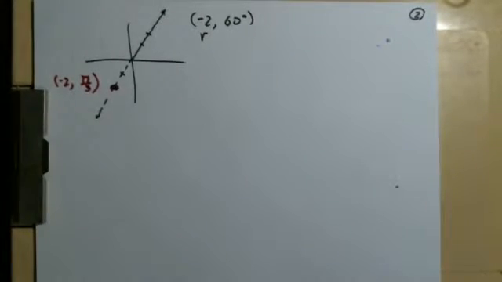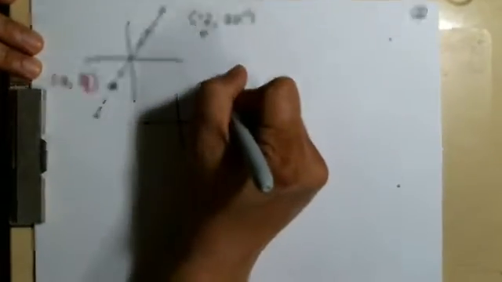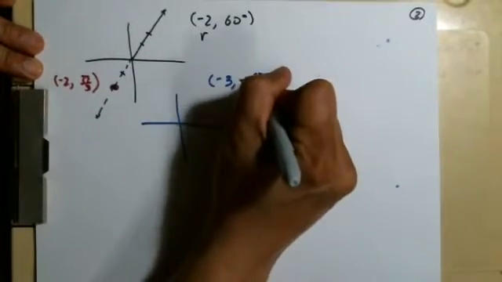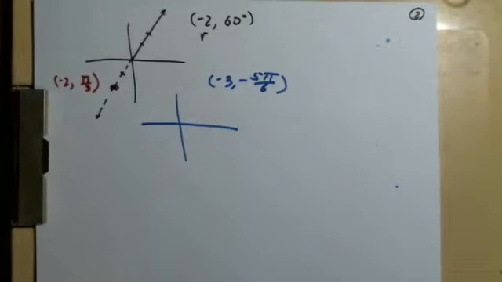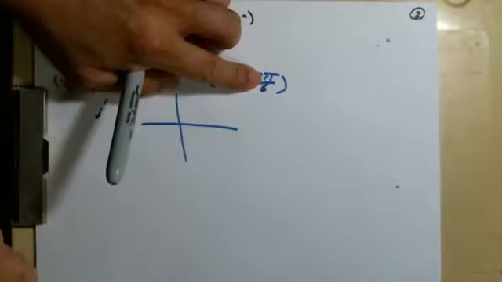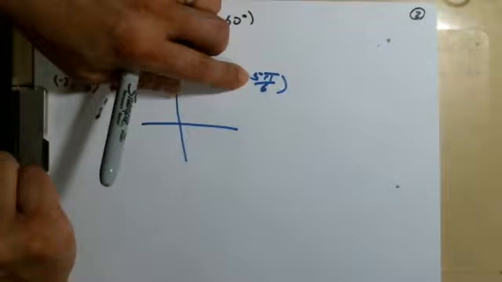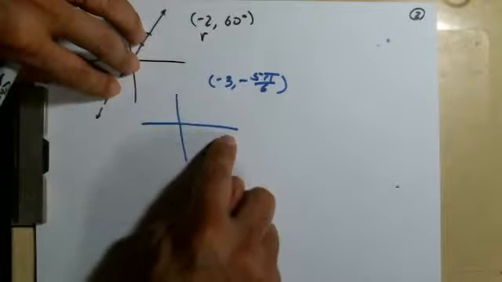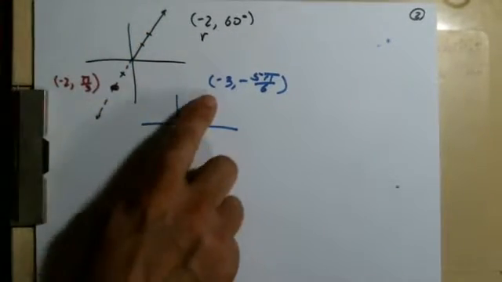Let's do a couple more. Let's do both negative this time. See if you understand it. Negative 3, comma, negative 5 pi over 6. We know that pi over 6 is 30 degrees, so 5 pi over 6 is 150 degrees. It's negative, so we're going negative 150 degrees to quadrant 3.